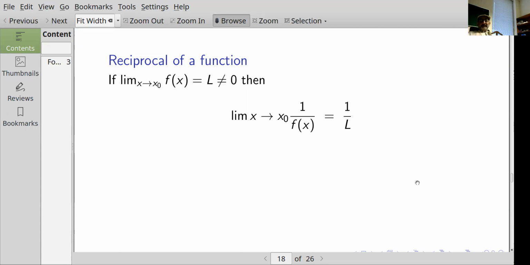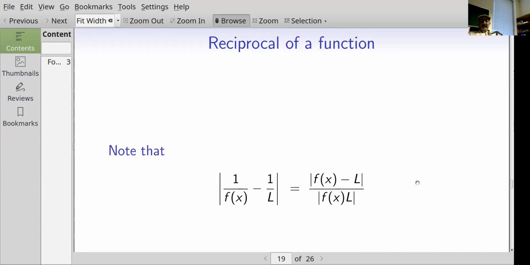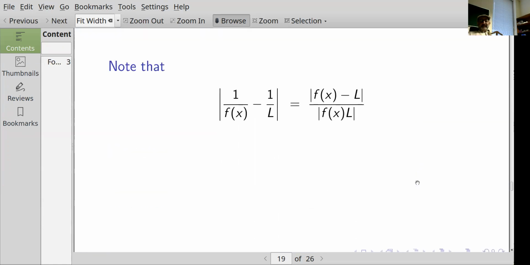What we have told you is that the limit is L. As x gets very close to x naught, then f of x gets very close to L. So we know that we can make the absolute value of f of x minus L very small. So what you would need to do is to consider the absolute value of 1 over f of x minus 1 over L. In order to get something like f of x minus L, I can cross multiply and put over a common denominator.